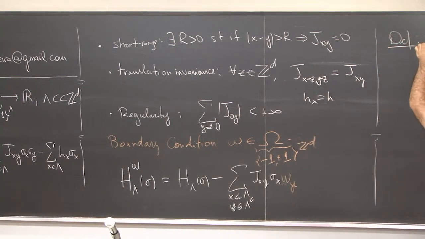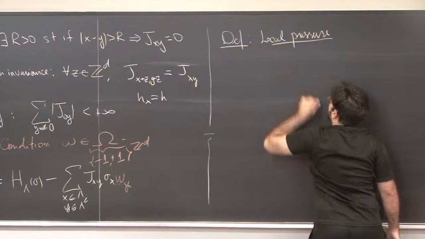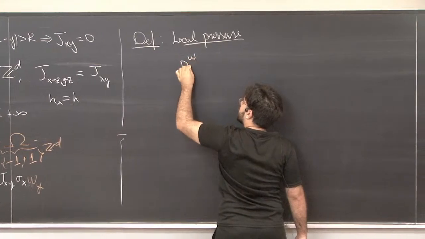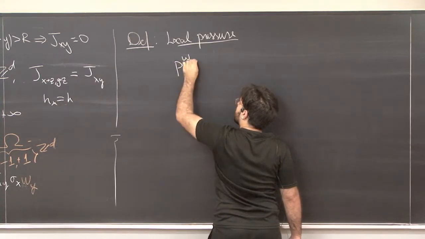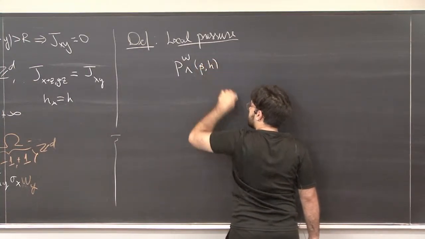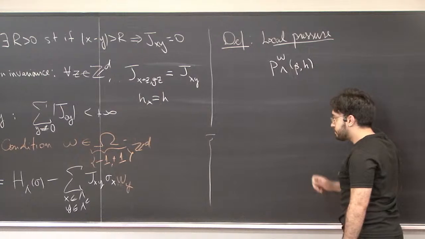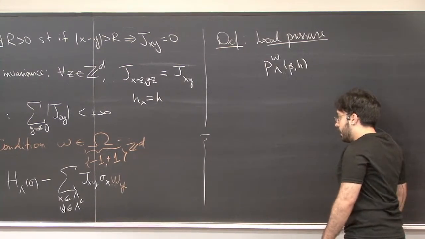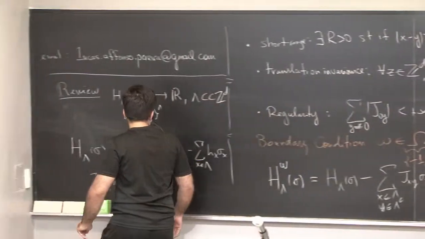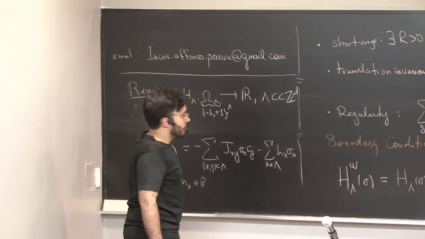Okay, and then we defined the first definition, the local pressure. The local pressure was defined as P_{ω,Λ}(β, h), a function of β and h. Remember this h is the same one as this h right here. Actually, today I want to make a small modification, because this will be useful when we talk about convexity today.